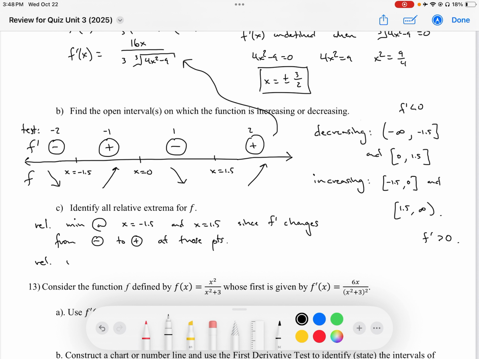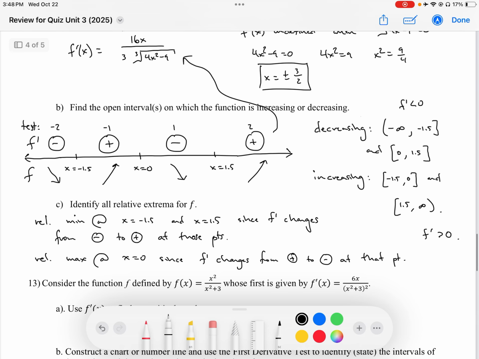And we'd have a relative max at x equals 0 since f prime changes from positive to negative at that point.